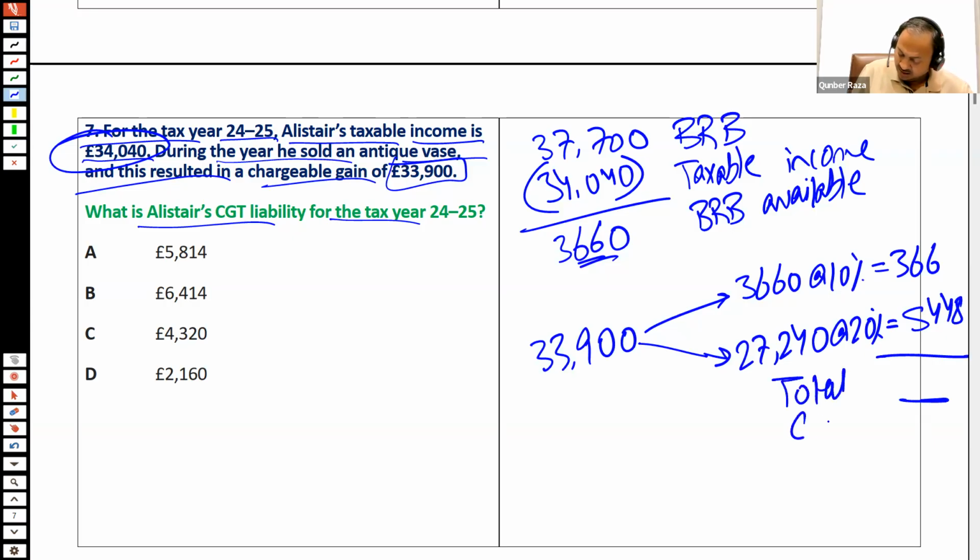As a result, the total CGT liability amounts to 5,814.